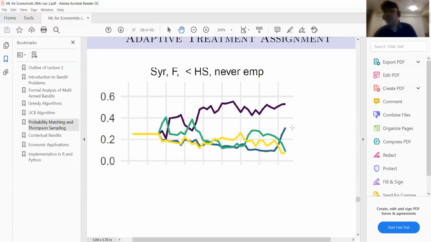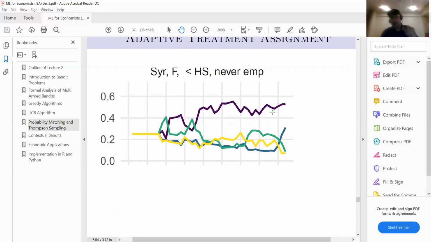So an RCT would simply allocate 25% to all groups, regardless of the treatment and regardless of individual characteristics. But this algorithm takes account of the fact that the cash grant is really effective for Syrian women who are less than high school educated and never employed, who are really cash deprived and liquidity constrained. Remember, you're doing Thompson sampling, which is maximizing the reward, the probability of employment.